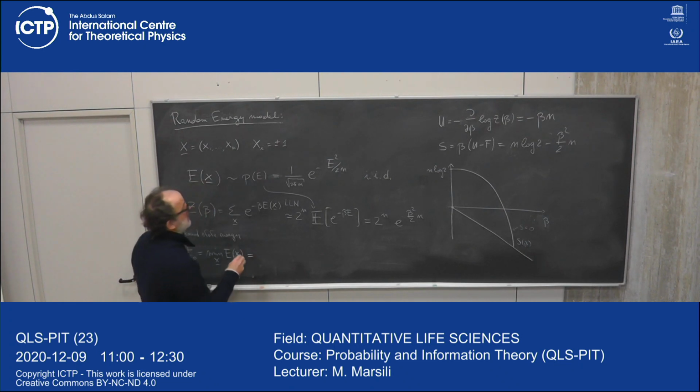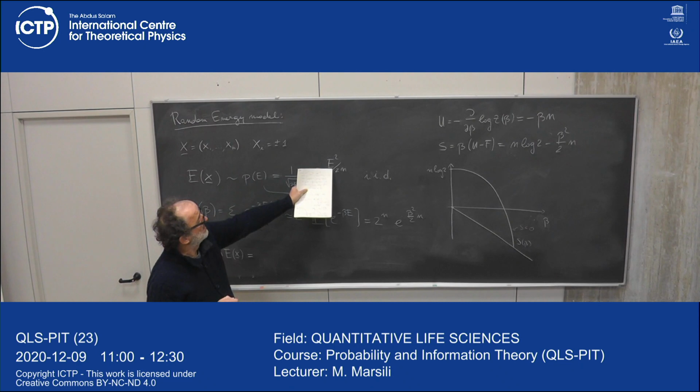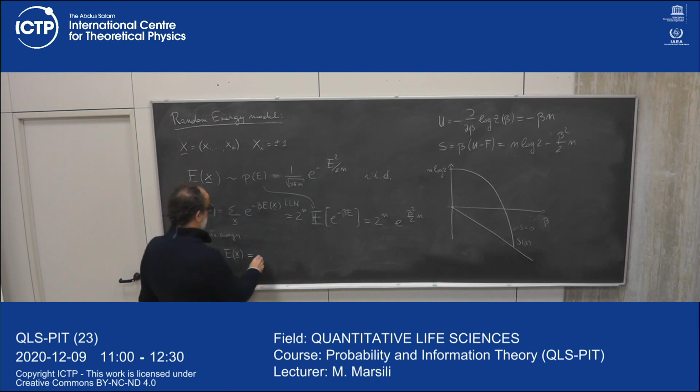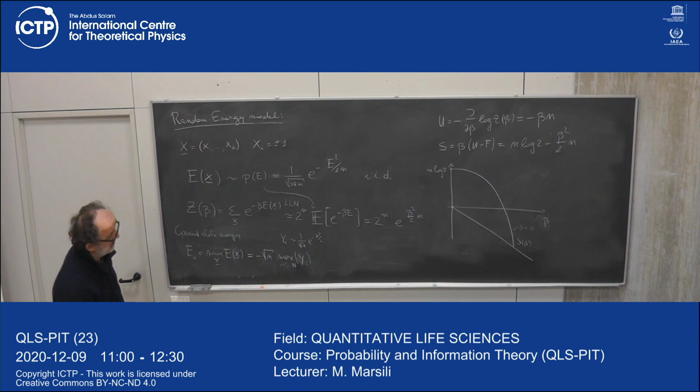Okay, so essentially you see that these energies are square root n times a Gaussian variable, so I can write this as minus the square root n times the maximum of n random variables zi, or say, let's call it yi, where these yi are essentially Gaussian with mean 0 and variance 1. Okay.